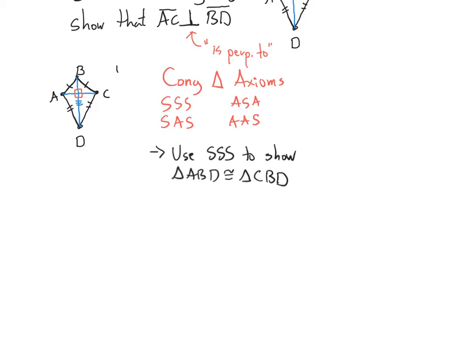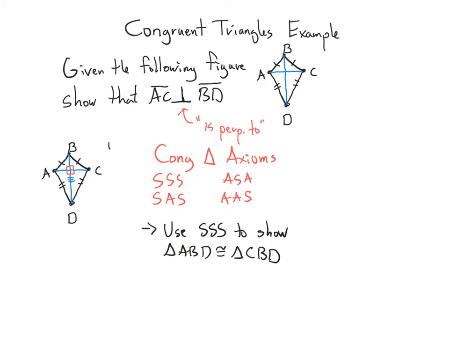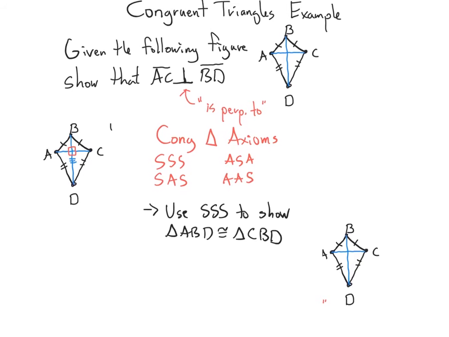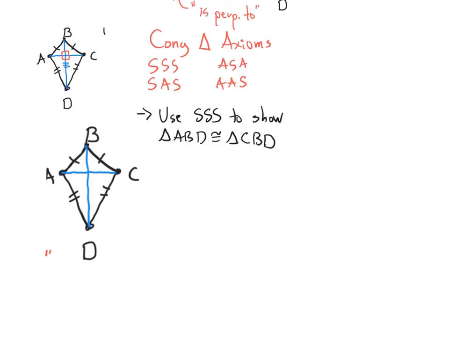And once we have that, we know the angles of those triangles are congruent. So I'm going to go back up and make another copy of our diagram, make it a little bit bigger, and then mark up on that.